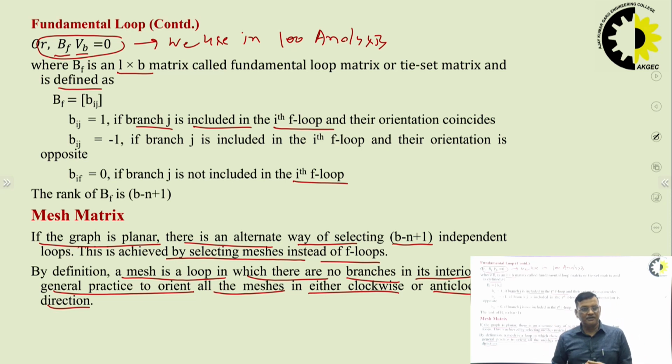But for the mesh matrix, the orientation of the mesh will be either clockwise or anti-clockwise. All the meshes we can orient in clockwise or anti-clockwise fashion, whereas in the fundamental loops, some loops are oriented clockwise and some anti-clockwise. This is the basic difference between the orientation of a fundamental loop and a mesh.